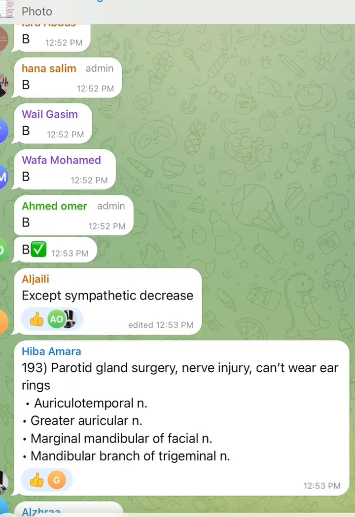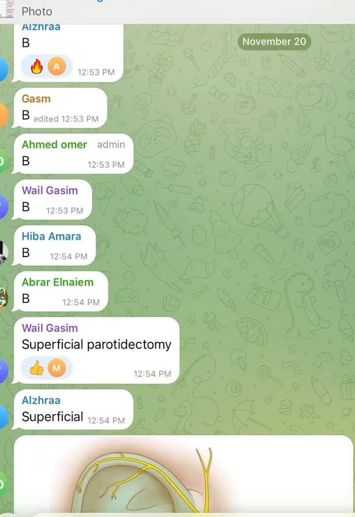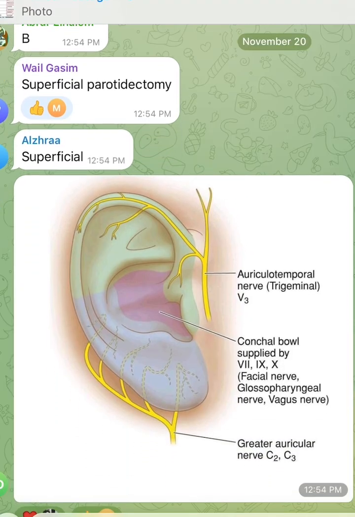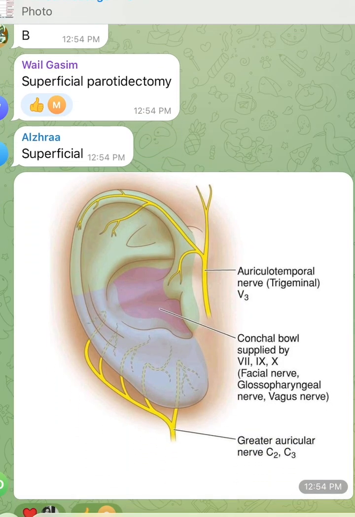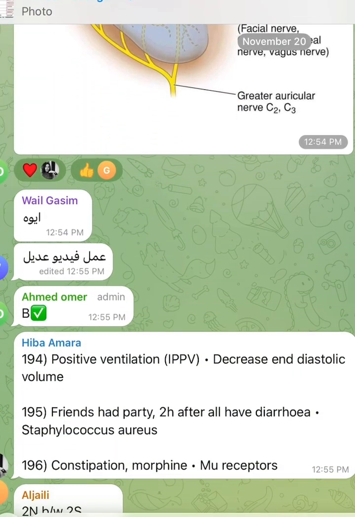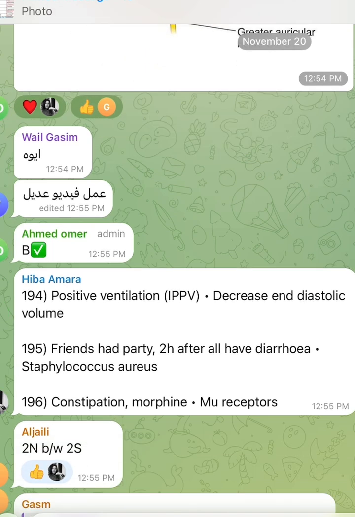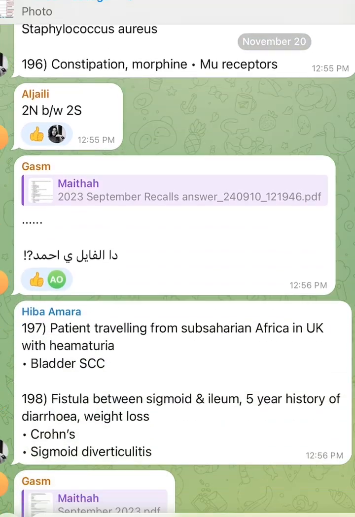Parotid gland surgery, nerve injury, can't wear earrings. Greater auricular nerve is injured. Superficial. So this is greater auricular nerve. Earrings. Auriculotemporal. Positive pressure measure decreases end-diastolic volume. Friends had a party, second hour after, diarrhea, Staphylococcus aureus. Constipation, morphine, mu receptors.